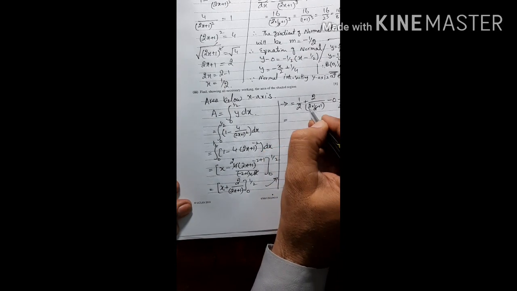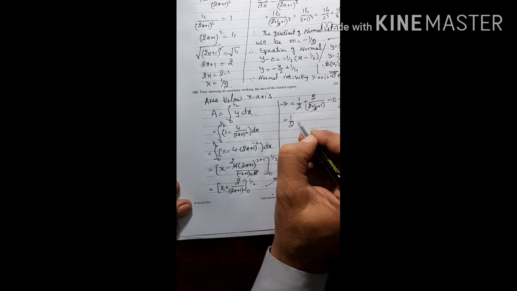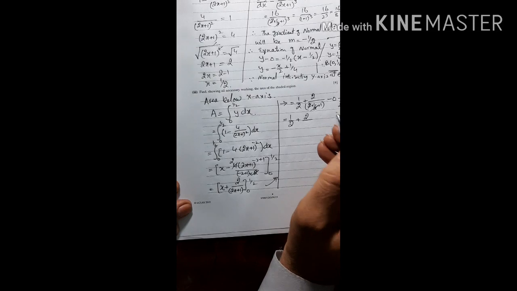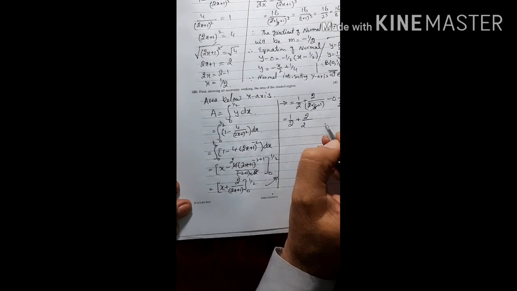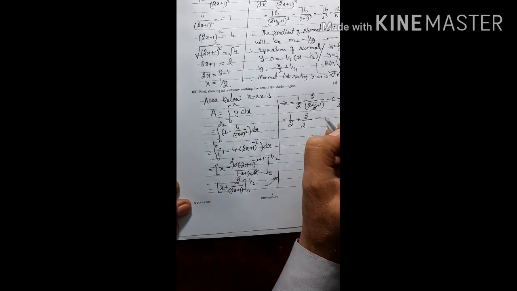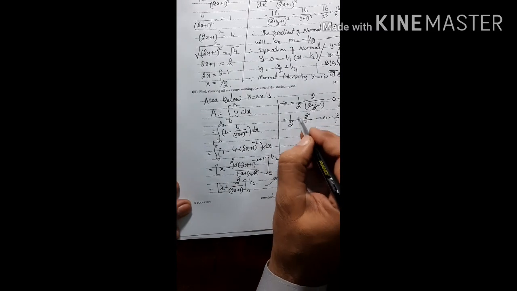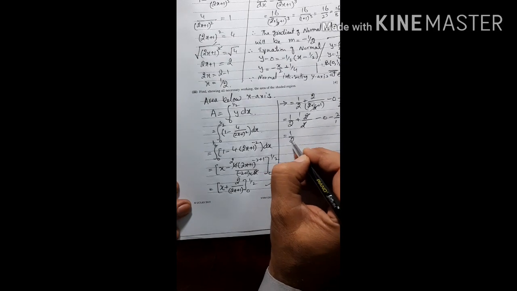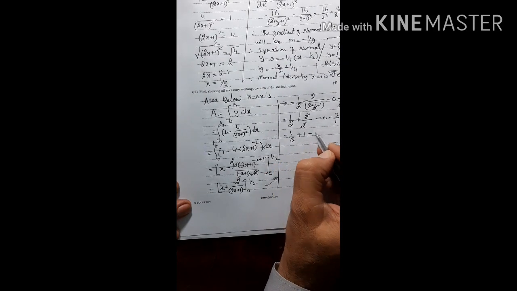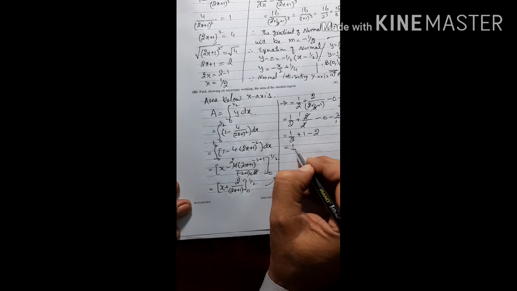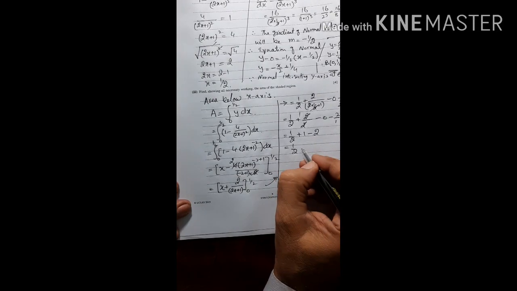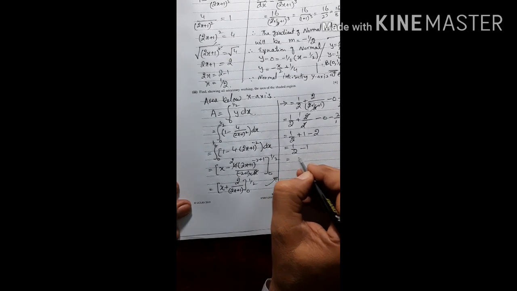So this becomes 1 over 2 plus 2 over 2, minus 0 minus 2 over 1. So this is 1. So 1 over 2 plus 1 minus 2, 1 over 2 minus 1, which is minus 1 over 2.